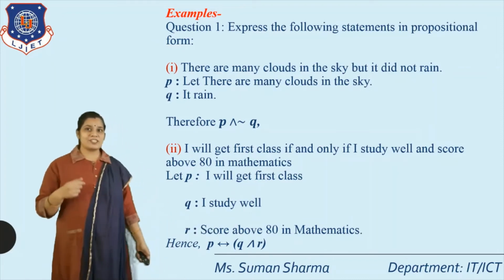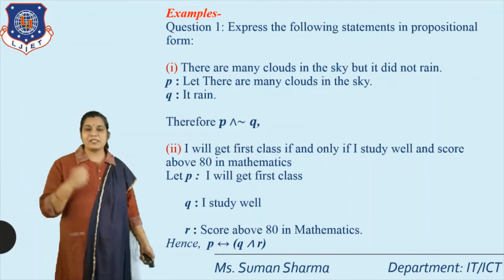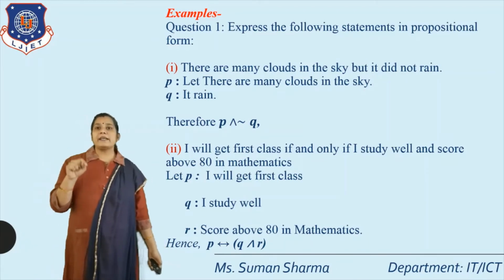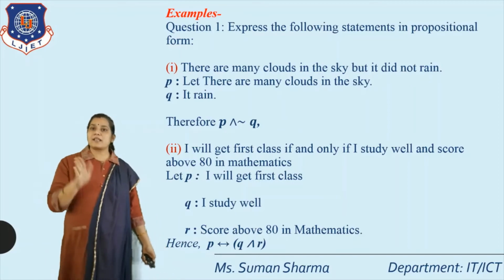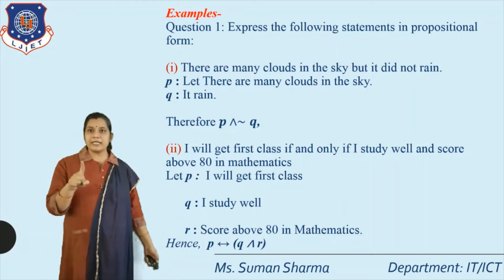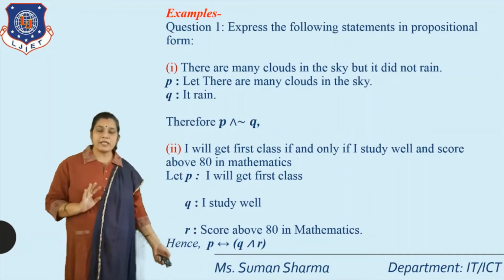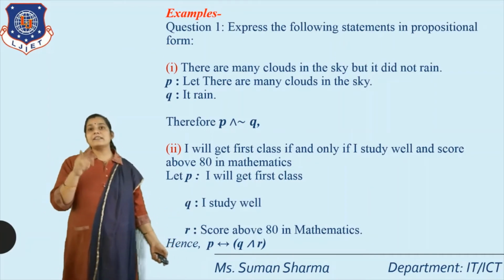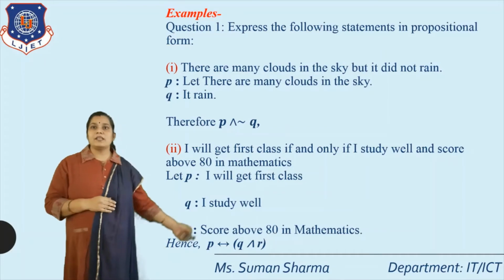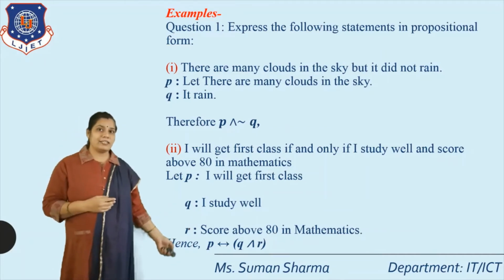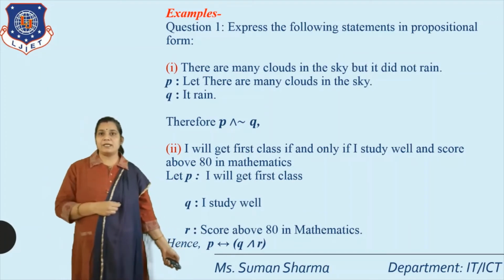Okay, so first we consider the three statements P, Q, R. So what is the process for writing? Read carefully. I will get first class. So we consider P, I will get first class, so obviously we write here P. Next we write if and only if, so you write here the sign if and only if. Okay, biconditional, IFF.